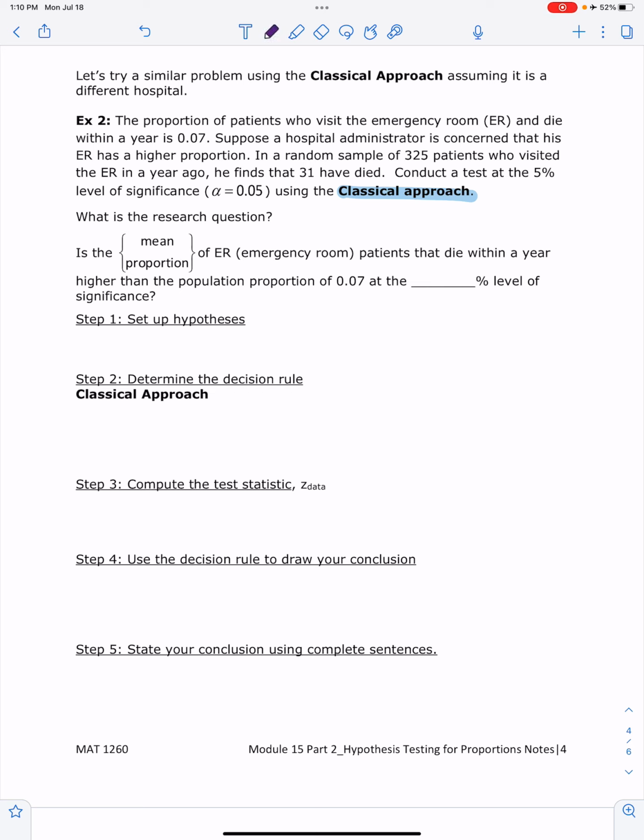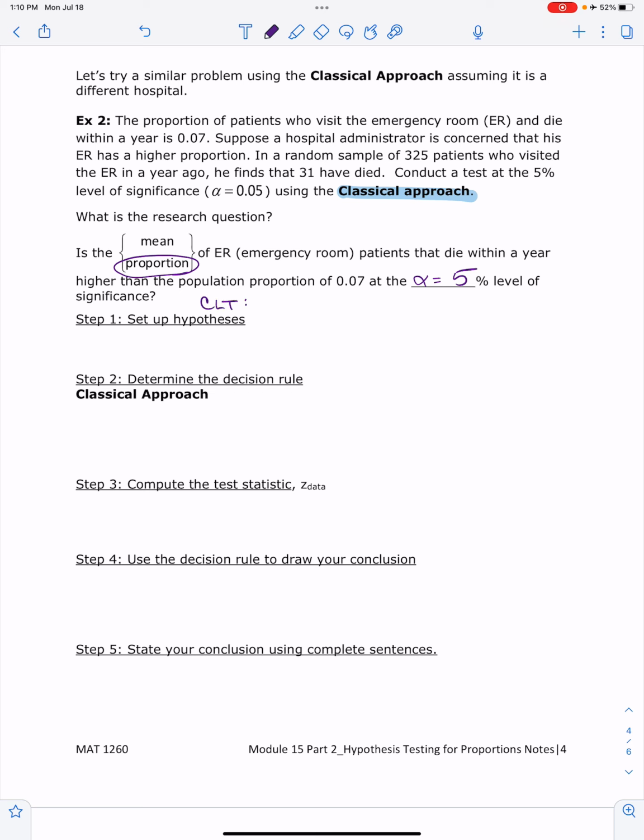Okay. So here's a research question. Again, we're talking about a proportion. So is the proportion of ER patients that die within a year higher than the population proportion of 0.07 at the alpha equal 5% level of significance? Okay. We are going to start by checking our central limit theorem.